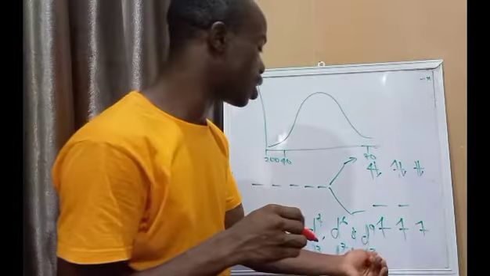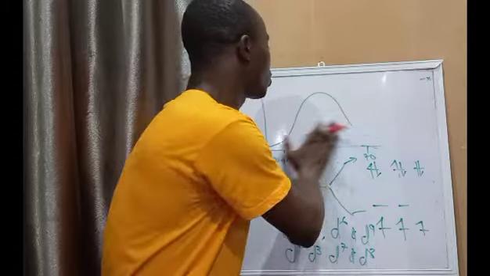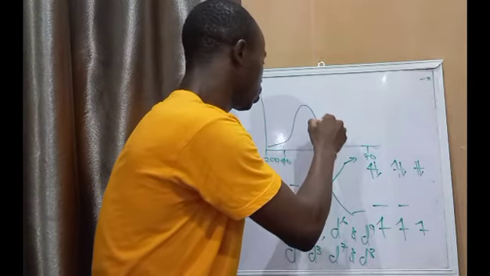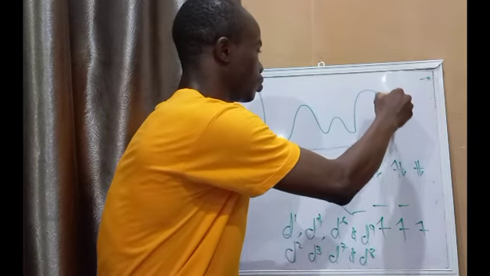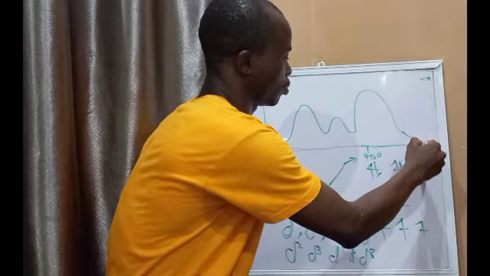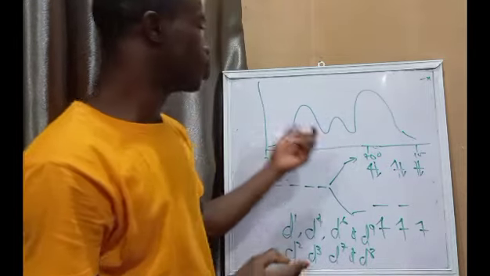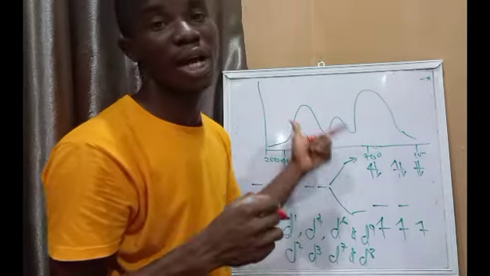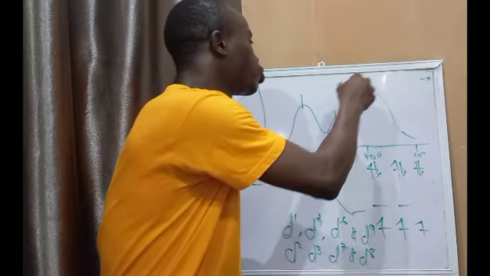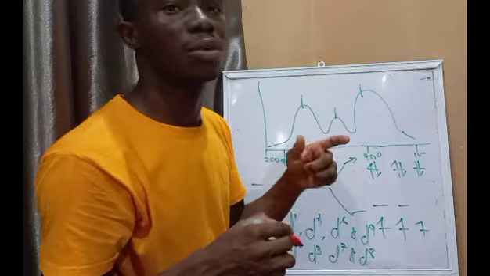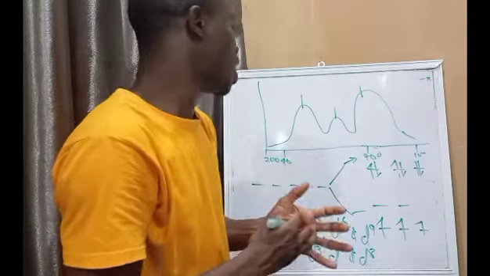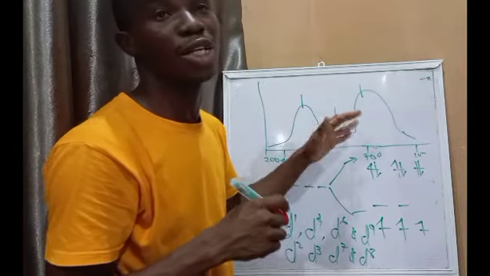But for this second set of d elements, you will see something like this. You can see that we have 3 bands, which is 1, 2, and 3, so there will be 3 different absorption bands for this second set of d elements, and that's what to expect, that's what to look out for.